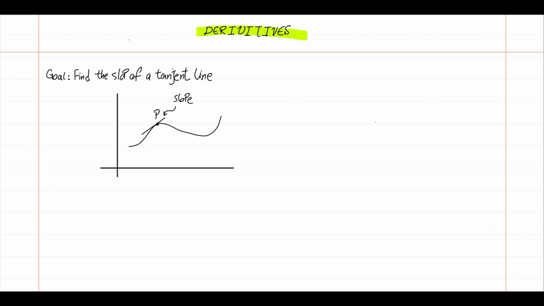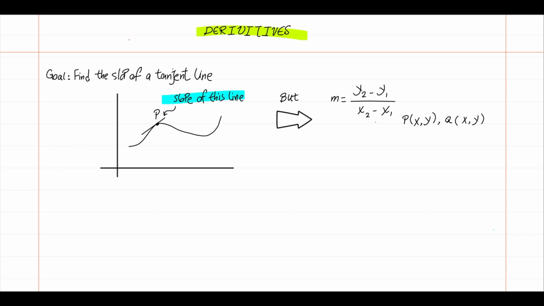So we've got a problem here, because to find the slope of a line, we use the rise over run formula. y2 minus y1 over x2 minus x1 will give us the slope of a line. y2 is the y coordinate of the second point, and y1 is the y coordinate of the first point. x2 is the x coordinate of the second point, and x1 is the x coordinate of the first point.